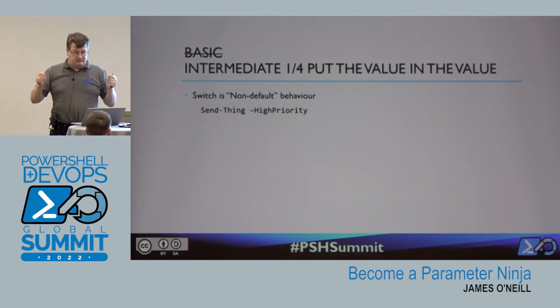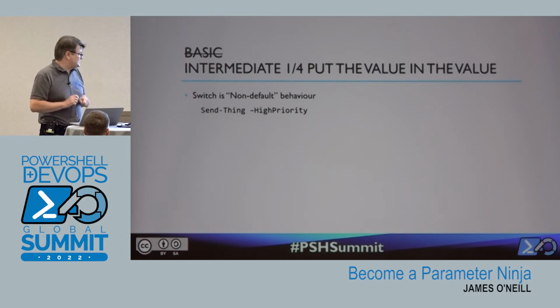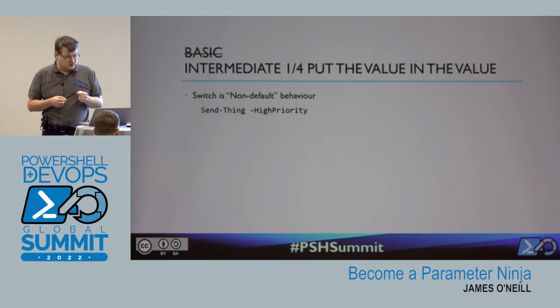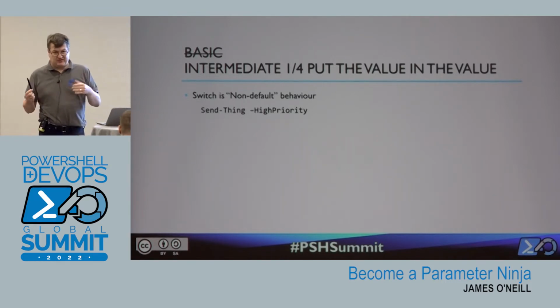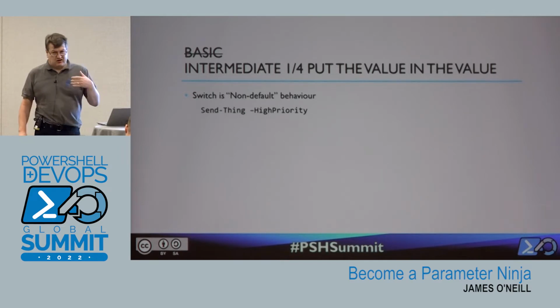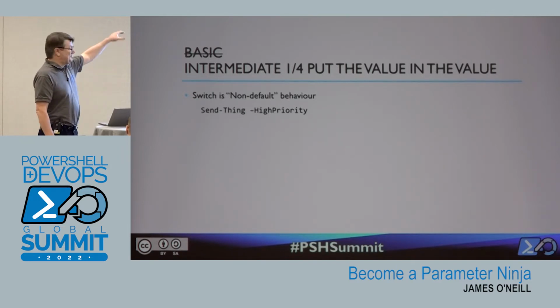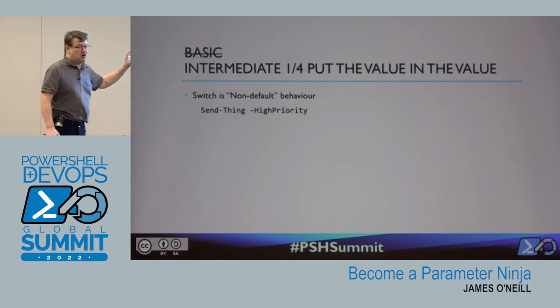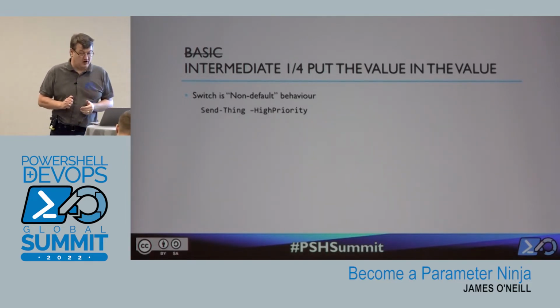I've had this with data stuff and various other places, and it's something I call putting the value in the value. A switch is specifying some kind of non-default behavior. So typical case, we've got a function that sends something somewhere. I don't care what it is, but we've got the option to send it at high priority.